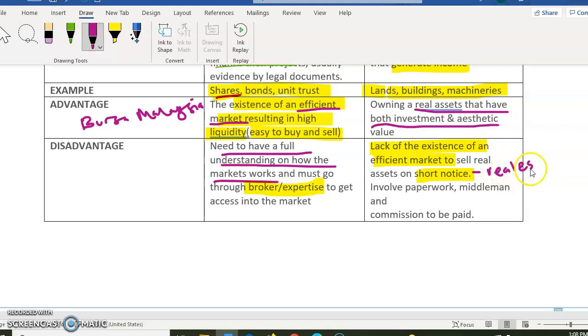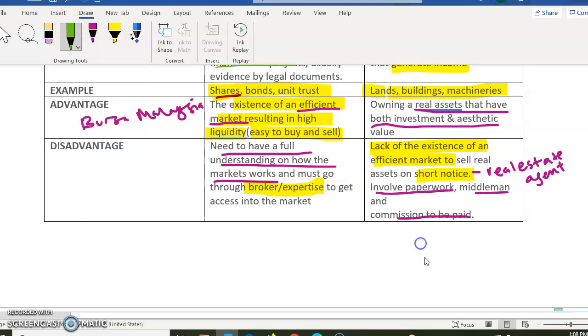Kita kena minta bantuan daripada real estate agent untuk iklankan you punya aset kalau kita nak jual lah. Membeli pun sama, we can ask the real estate agent to find relevant properties for us. Okay, and also involve paperwork, middleman, and also commissions to be paid, right? Especially the commissions, the law fees, okay, yuran guaman dan sebagainya.